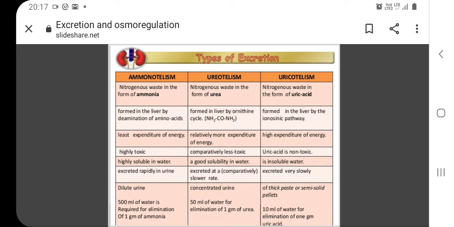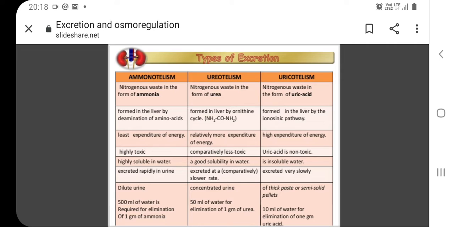Uricotelism, the nitrogenous waste is in the form of uric acid. It is formed in the liver by the inosinic pathway.